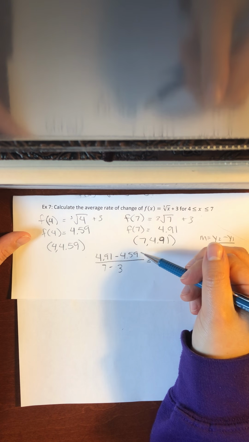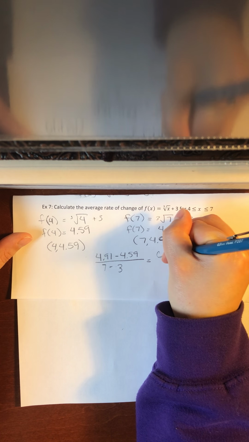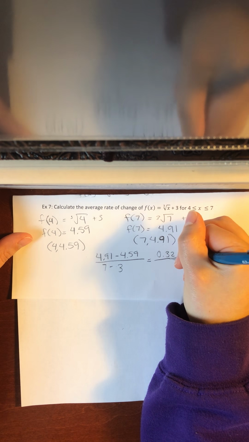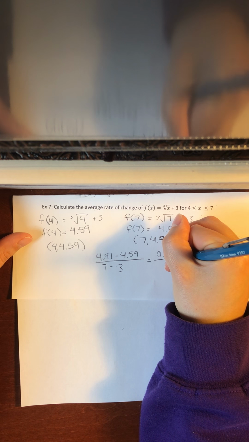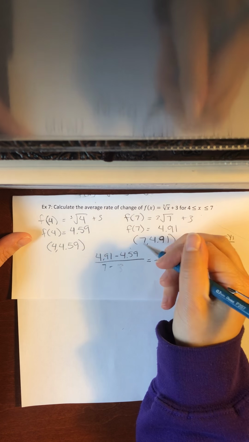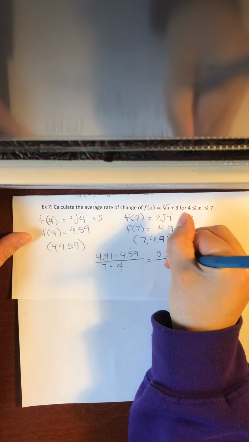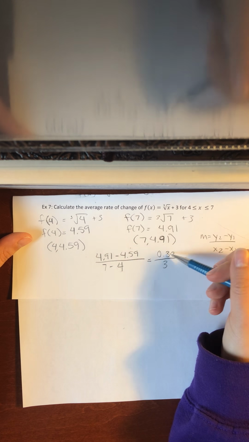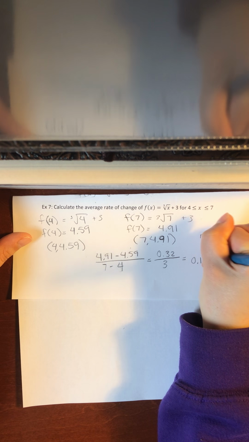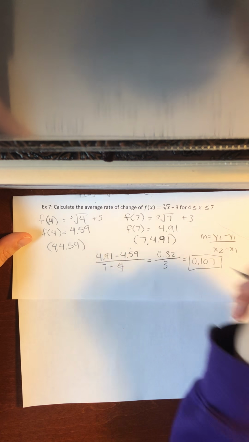So 4.91 minus 4.59 is 0.32, and then 7 minus 4 is 3. Why am I putting 7 minus 3? I'm like losing it, sorry guys. There we go. Okay. 0.32 divided by 3 is 0.107. About that.